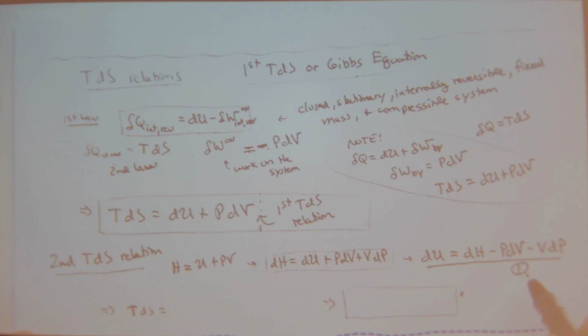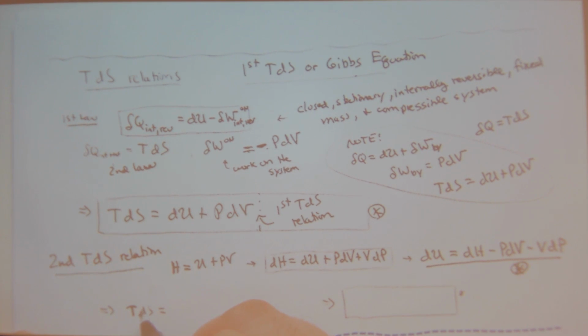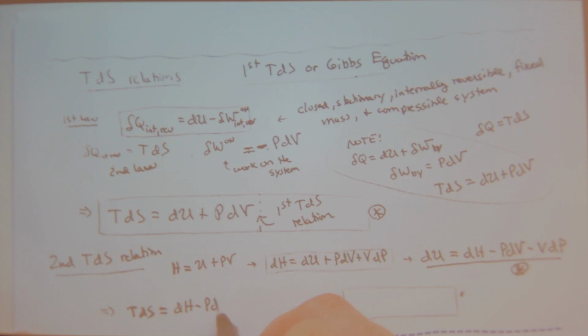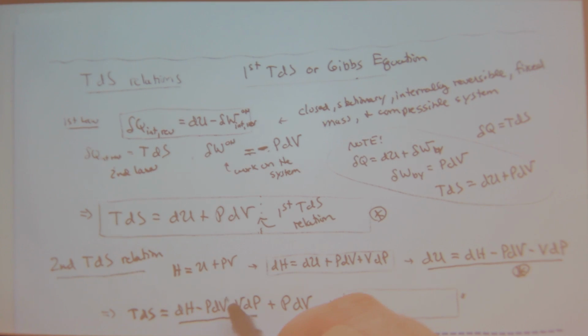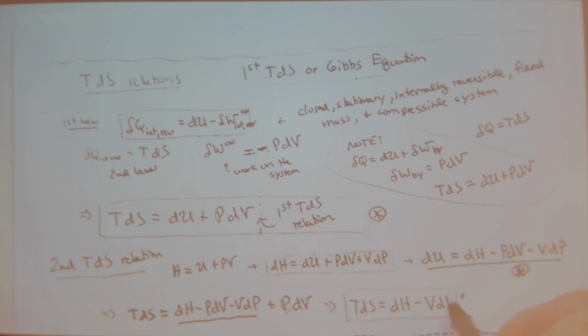Using this expression and my first T dS relationship, T dS is equal to dH minus P dV minus V dP plus P dV. So my P dV's cancel, and I have T dS is equal to dH minus V dP, the second T dS.